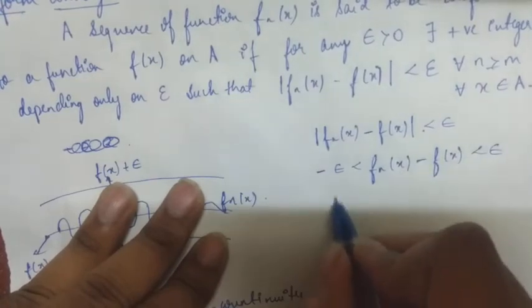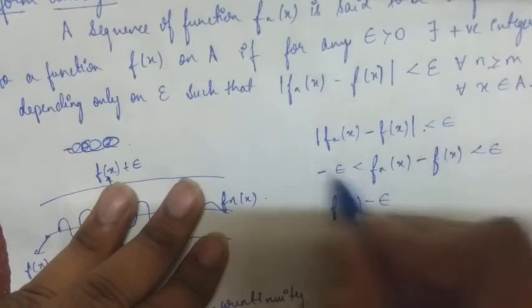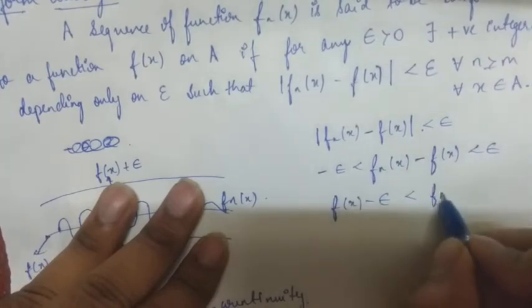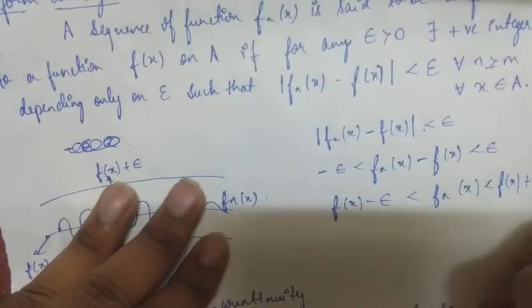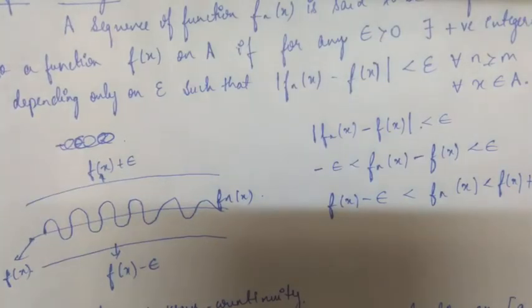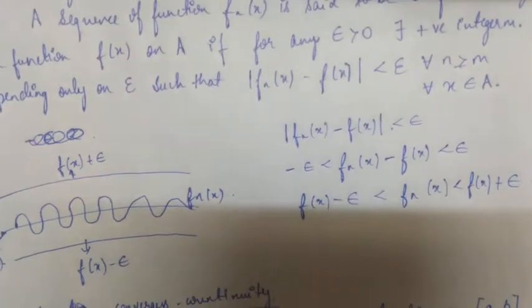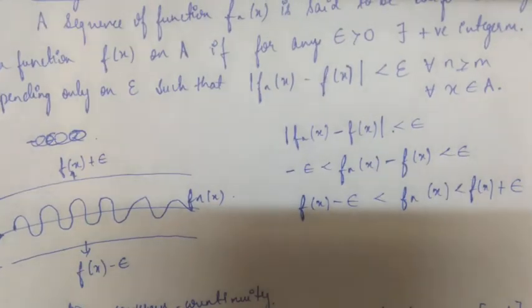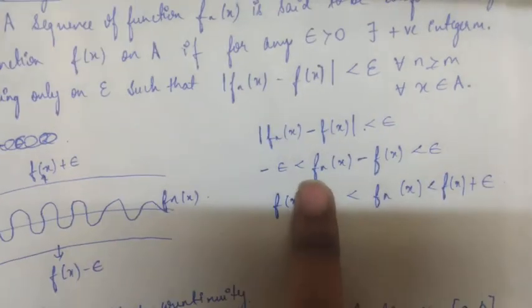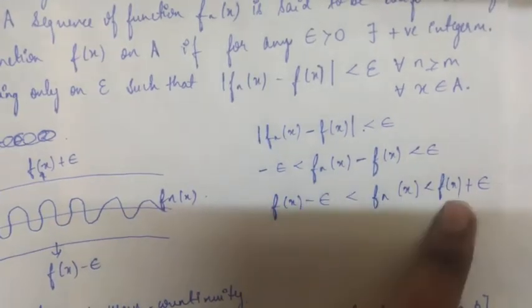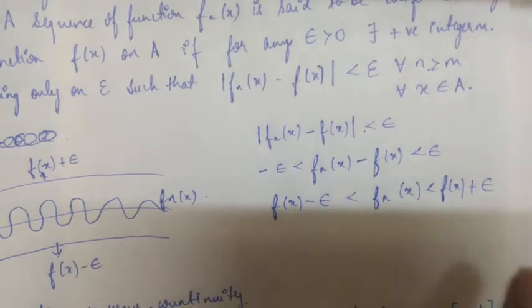We can write this as f of x minus epsilon, up to f of x plus epsilon. We are just operating f of x on all the sides. So we are just taking away the mod here. After taking the mod, we get this form. After that, we are operating f of x on all sides, so we get this form.